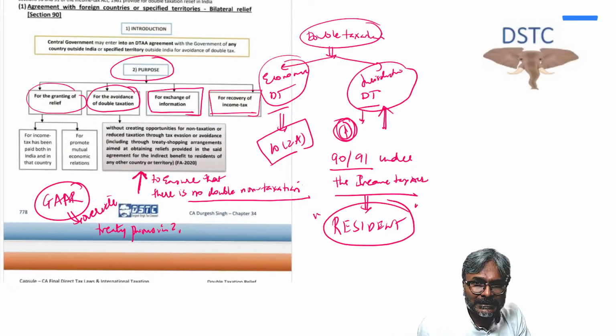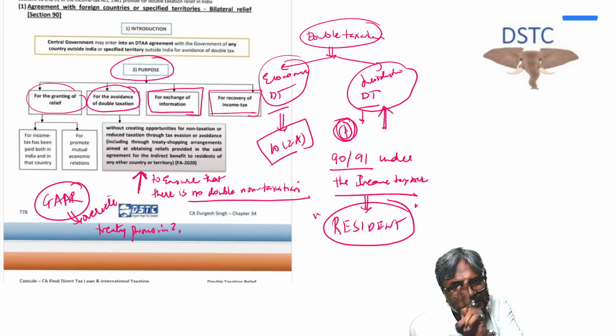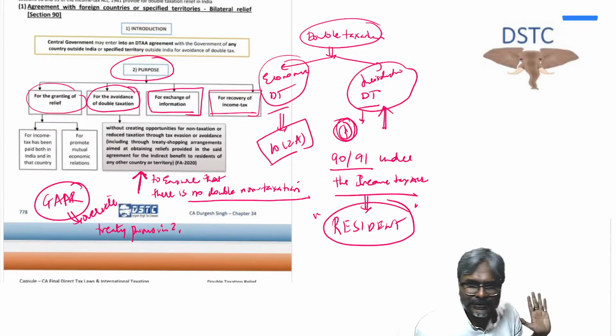Such income is taxed in two different countries. This is juridical double taxation.